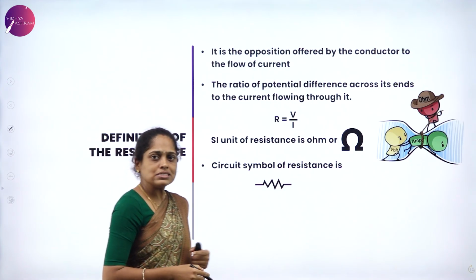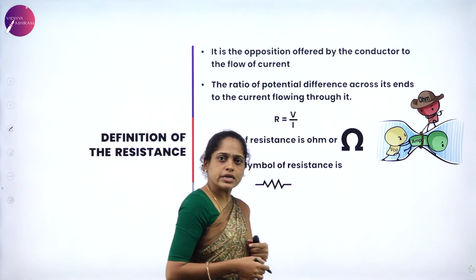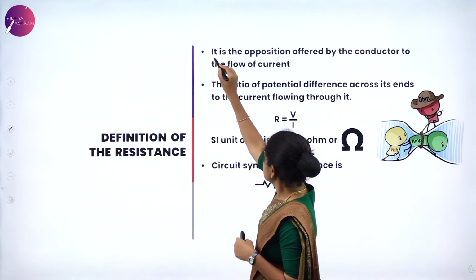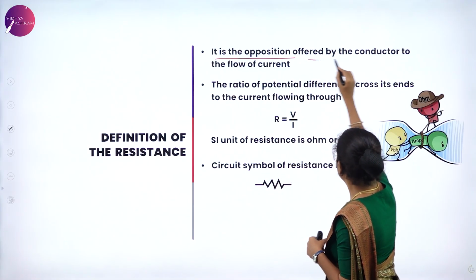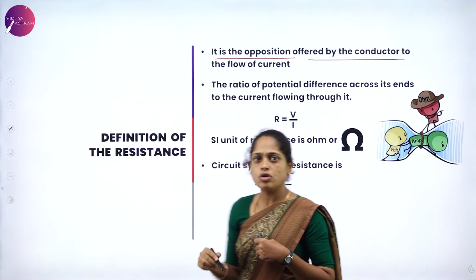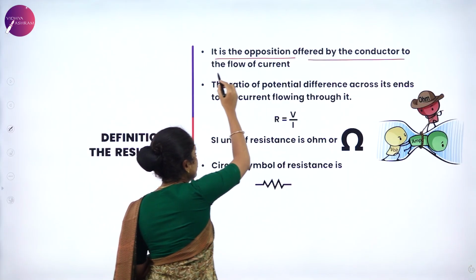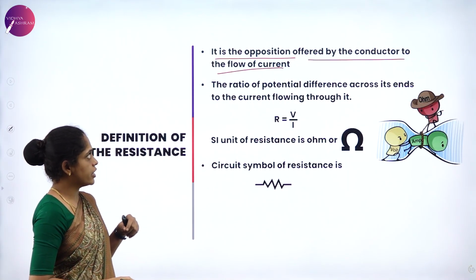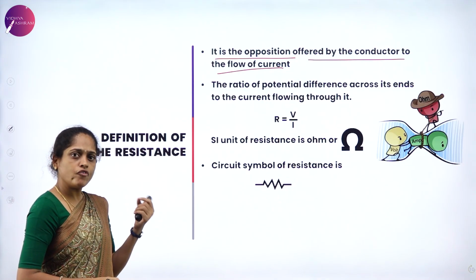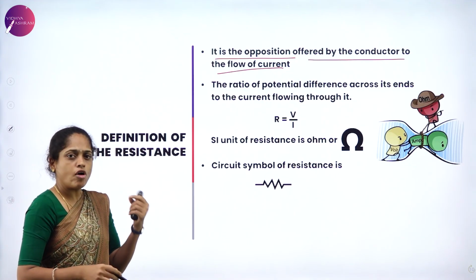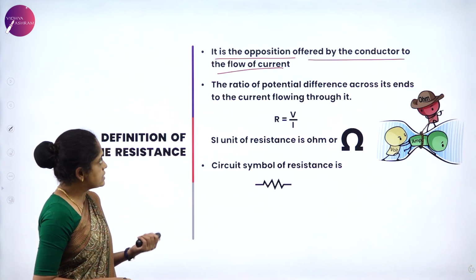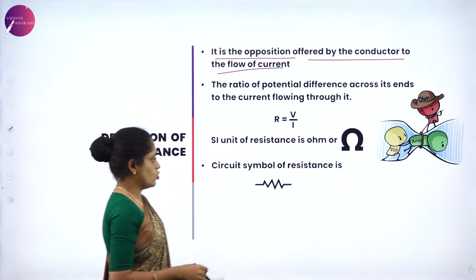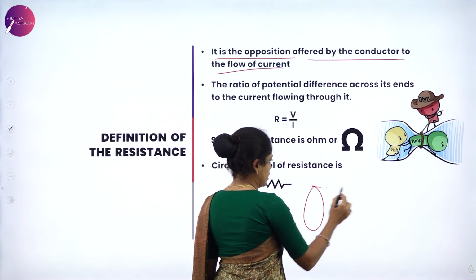Next, what is resistance? Resistance is the opposition offered by the conductor to the flow of current. In what form is the opposition in the conductor? Let us know that. So, consider a conductor.